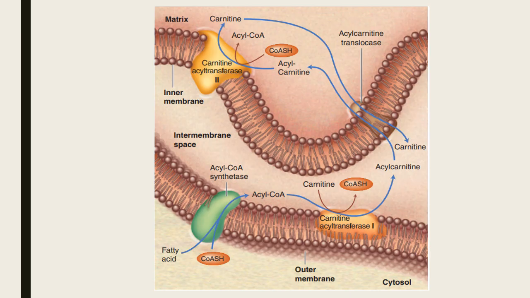Again, fatty acids are activated to form acyl coenzyme A, catalyzed by acyl-CoA synthetase, which is found in the outer mitochondrial membrane. You need this acyl-CoA to enter the mitochondria, but the inner membrane is impermeable to acyl groups, which is why you need a carrier.